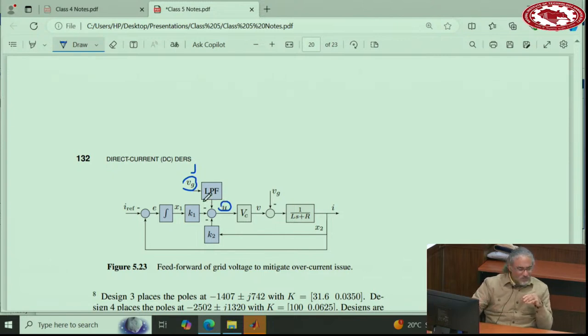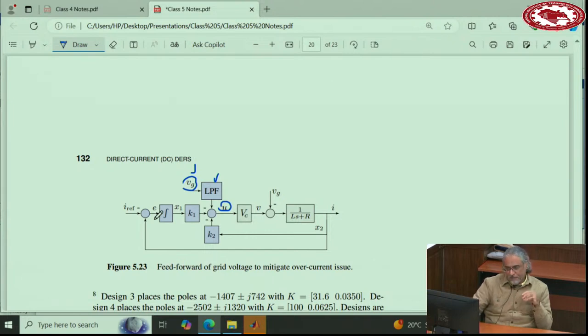So this solution partially helps with that situation. Okay, got it? So this approach plus a sufficiently fast current controller together, for practical numbers of switching frequency, can work together to limit the current.